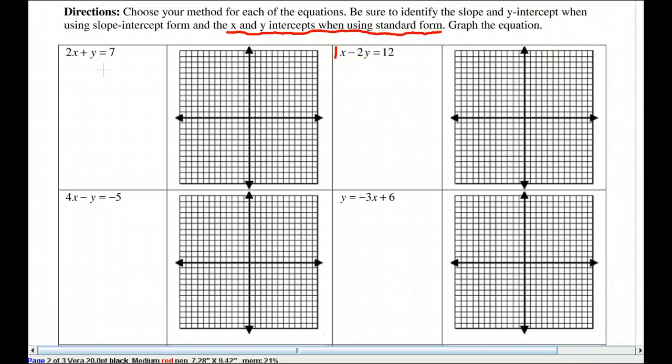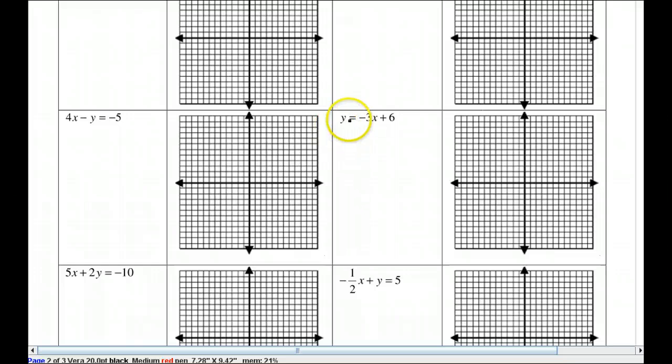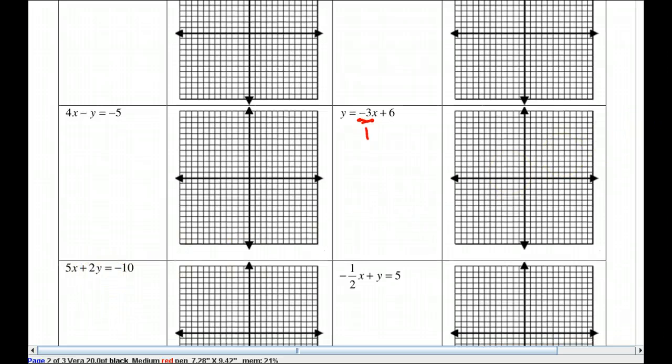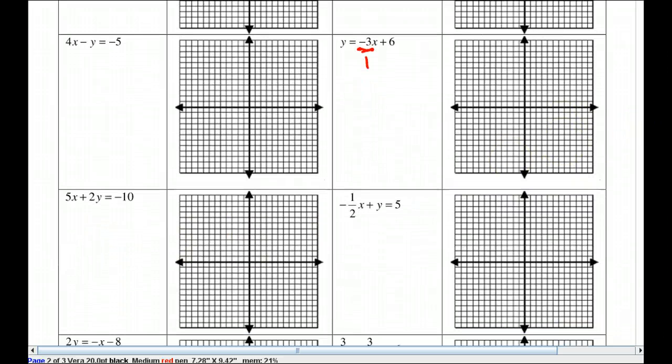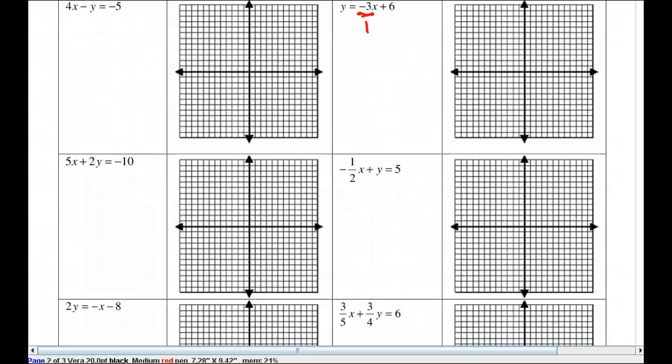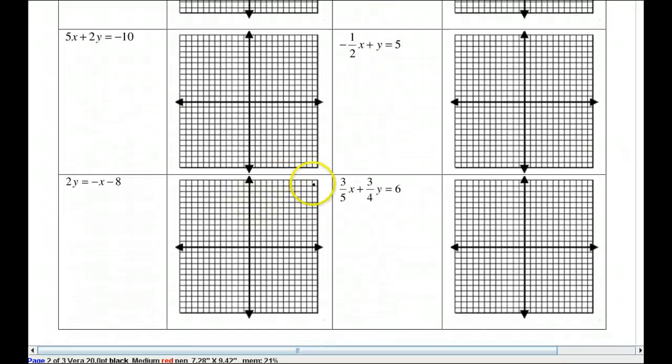No fractions. You go down to here, you can see it's already in slope intercept form. So of course it'd be faster just to say it's negative 3 over 1, and then just graph it. Over here you can see, yeah, that'd be more obvious to do it with intercepts. Right here, it could go either way.